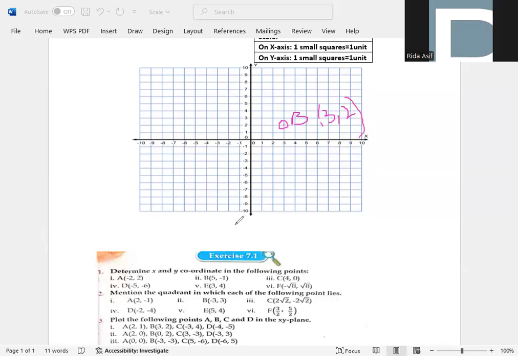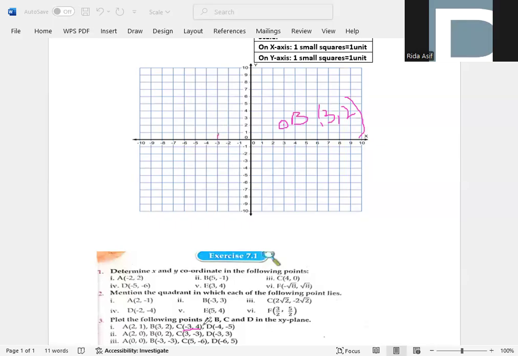In the same way, we can plot the third point, C. C is (-3, 4). On the right side of the graph, all these values are positive. What about the left-hand side? The left-hand side contains minus 1, minus 2, minus 3. That means we have to take this point, minus 3.